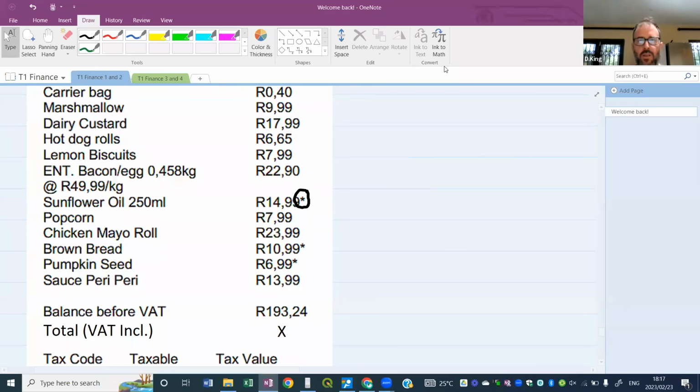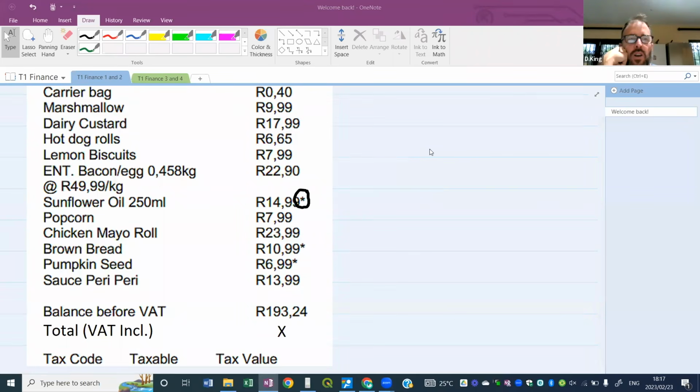Yes, Sonia. Most things with VAT, well, you can't call them luxury items. They're just not basic items. For example, a McDonald's meal is not going to be zero VAT rated. These are very, very basic food items, so fresh fruits and vegetables.